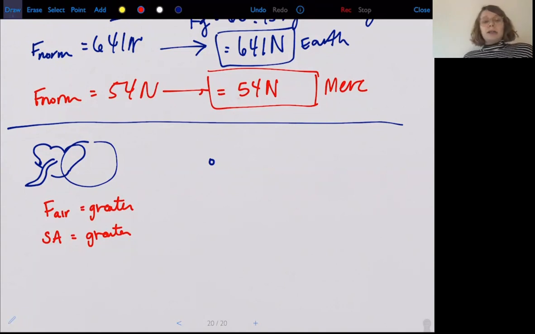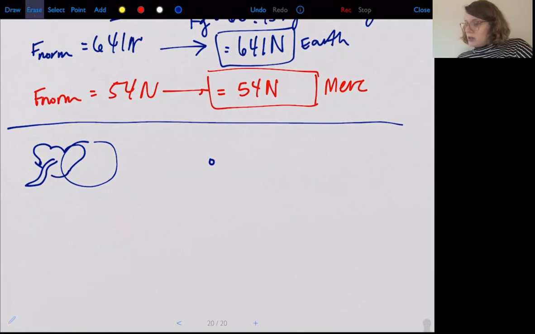Okay, part C wanted you to draw a free body diagram of each object in free fall, showing your answer to part A. So let's do that. Let's erase this. So I have my elephant as my object here and my egg as my object here.